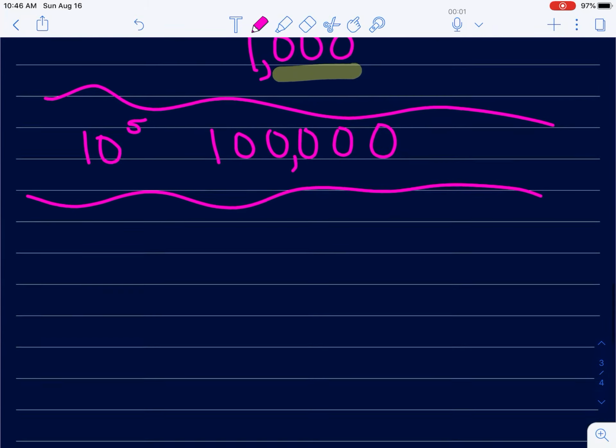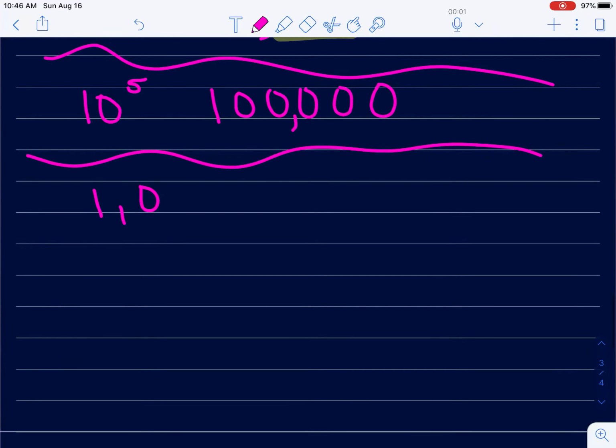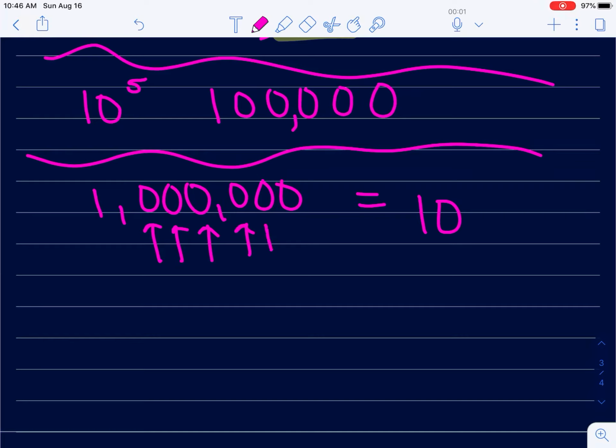Now let's go backwards. What if they gave us the number 1,000,000? And they said, write this as a product of tens, or that's kind of how they usually word it. If it has 1, 2, 3, 4, 5, 6 zeros, it would be 10 to the 6th power. That's 1,000,000.